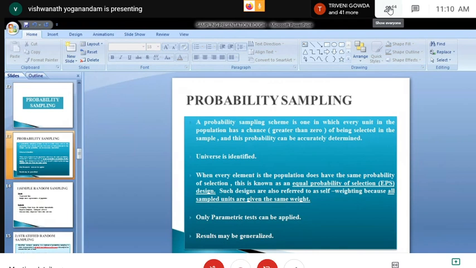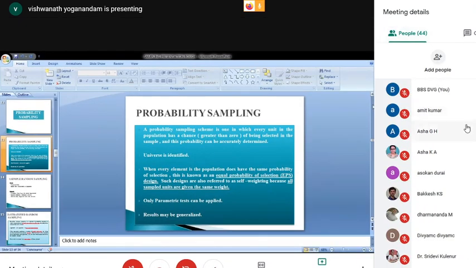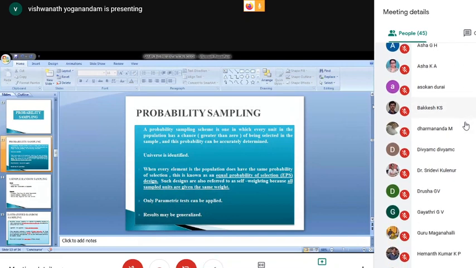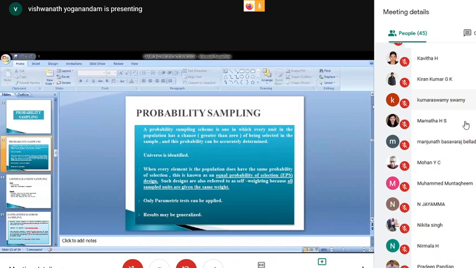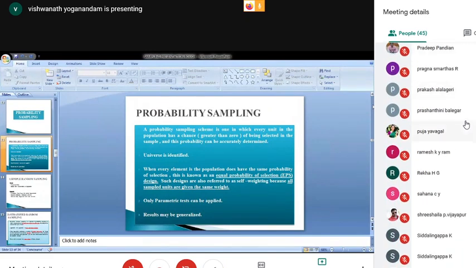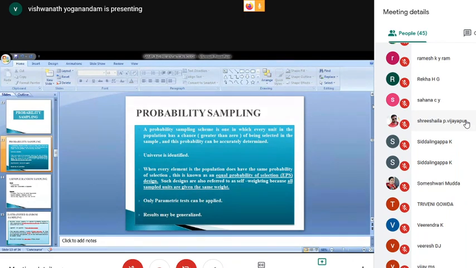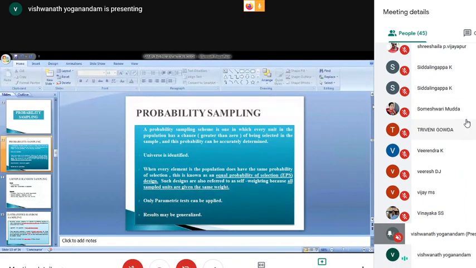That won't count as probability sampling, because every person should have an equal chance in the selection. So what you have to do is select one person, and after selection, the same name should be put in the bowl again. Select once more. Suppose you get another person, okay.